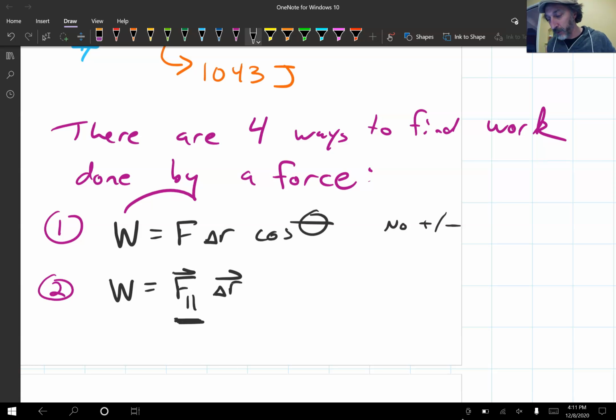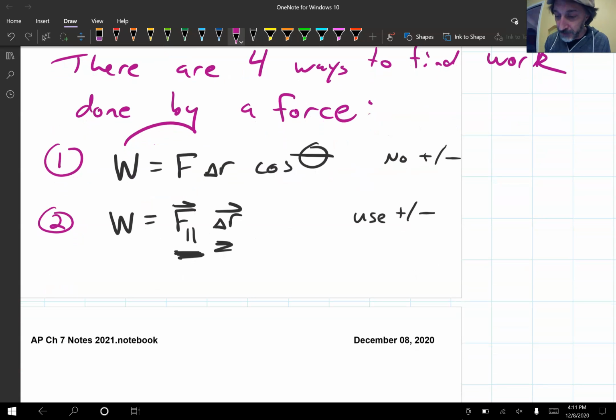So this represents the component of the force that is parallel to the displacement. You're going to multiply that by the displacement vector, and here you have to use positives and negatives. Basically, you're figuring out, my displacement is this way, my force is this way, how much of this force is working against my motion?